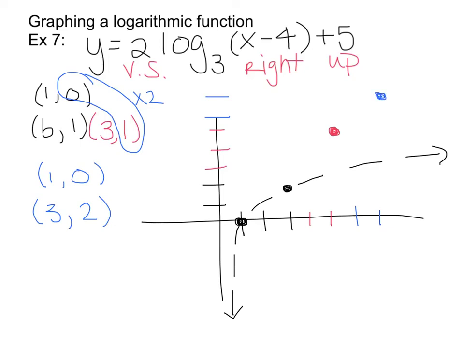Okay, before, since our asymptote for the exponential functions was at y equals 0, now your asymptote is at x equals 0. So since this minus 4 is going to move it to the right 4, it's going to move my asymptote to the right 1, 2, 3, 4, and I'm going to have an invisible vertical line right here at 4. Okay, so my graph can never go through my vertical line. It should look something like this.